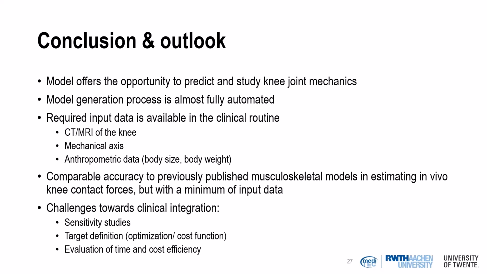And what we see towards clinical integration in the future are then advanced sensitivity studies, as lots of assumptions haven't been in-depth verified. So then a target definition. So what is then an optimization or potential cost function, assuming that we can robustly and reliably predict knee joint mechanics, and then an overall evaluation of time and cost efficiency.